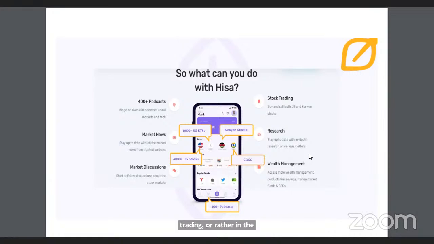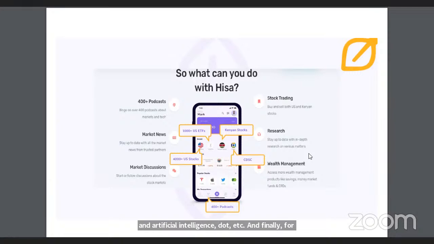Then we have casino stocks in the casino industry, NFT stocks, airline stocks, metaverse stocks, cannabis stocks, Chinese stocks, EV stocks, that's electric vehicle stocks, healthcare stocks, bank stocks, biotech stocks, cloud stocks, gold stocks, and artificial intelligence stocks, etc. And finally, for our Muslim brothers and sisters, we have Sharia compliant stocks.